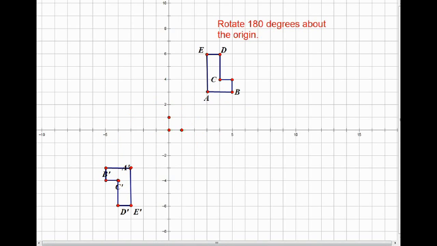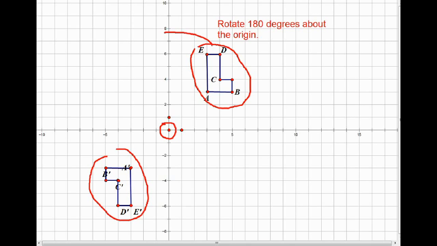If I continue to do that with each vertex, what we find is that when we rotate this shape 180 degrees about the origin, so that means the center of the circle is at the origin where the two axes meet, the shape ends up rotated over here. So we've now turned this shape a half a turn from here to here.